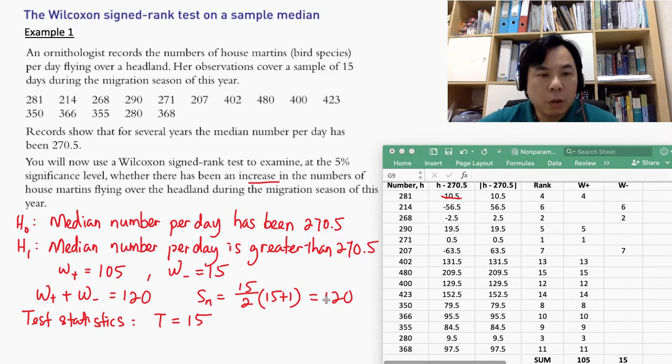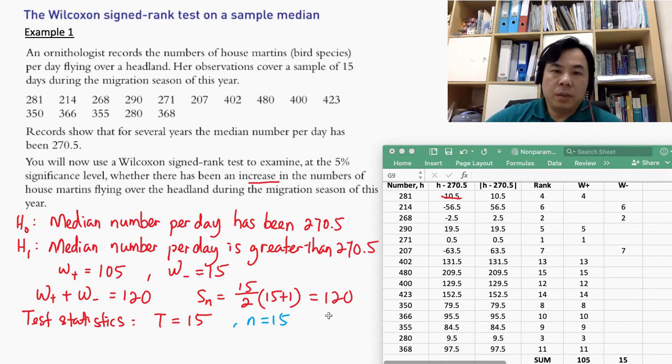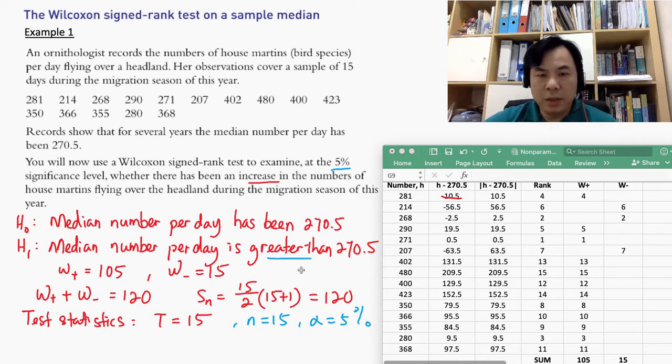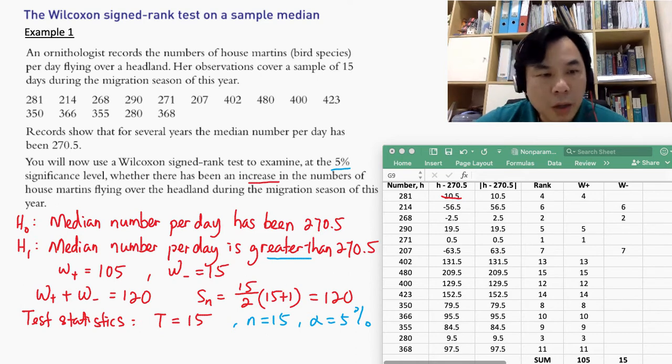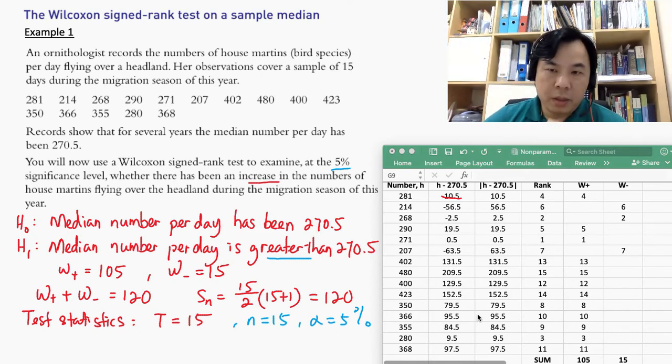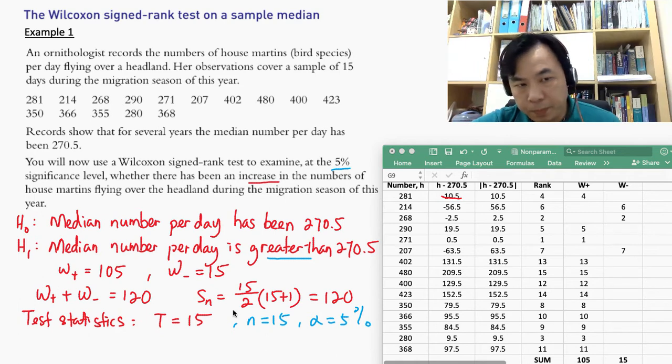All right. Now, don't forget the sample size is 15, the significance level is 5%, and this is a one tail test.